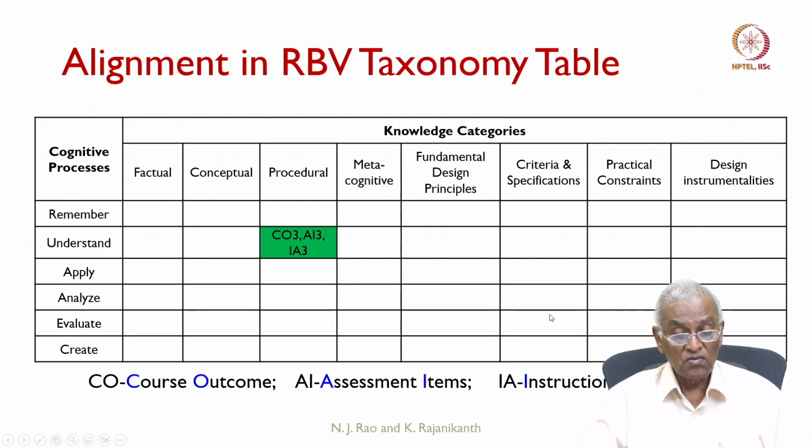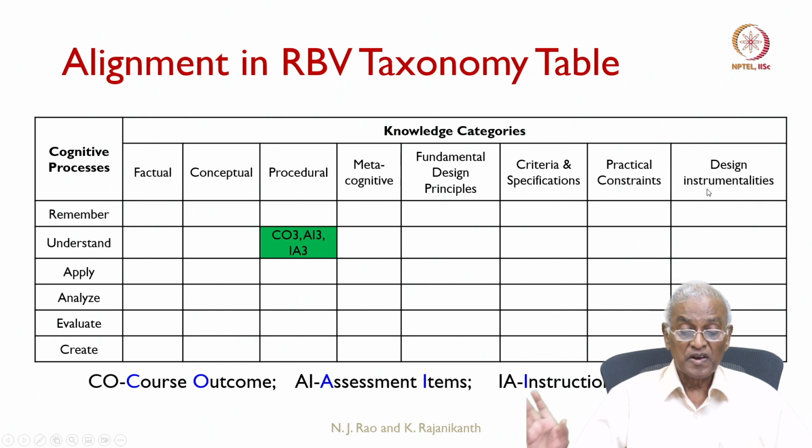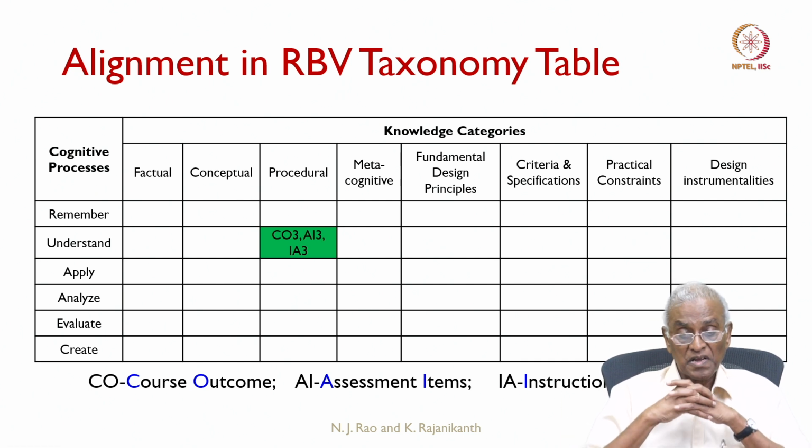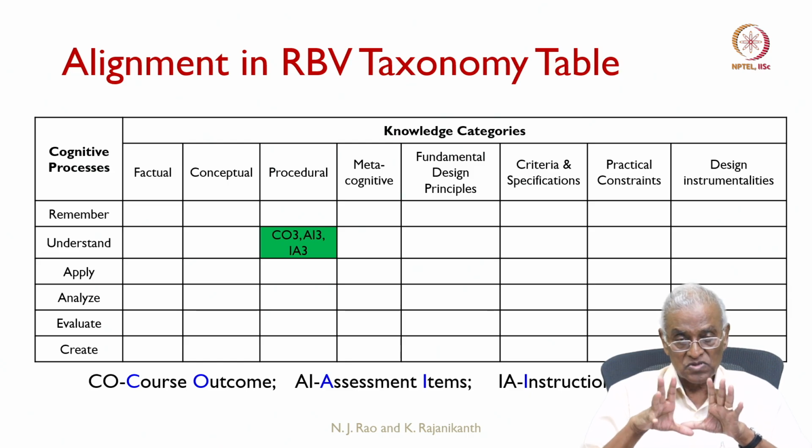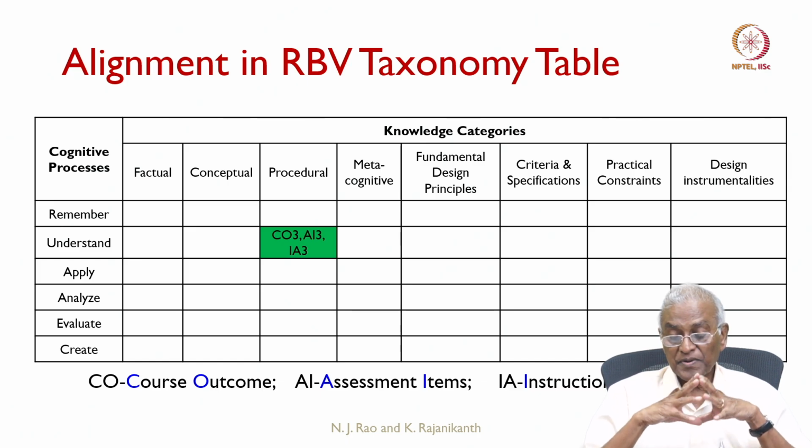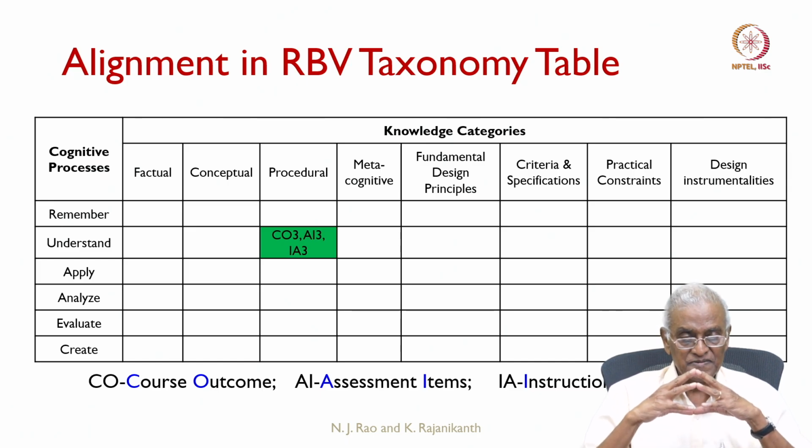Now, this is how one can show alignment in the taxonomy table. CO represents course outcome. AI represents assessment items. IA represents instructional activities.